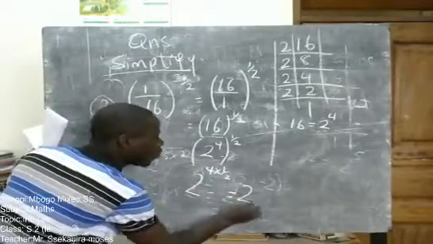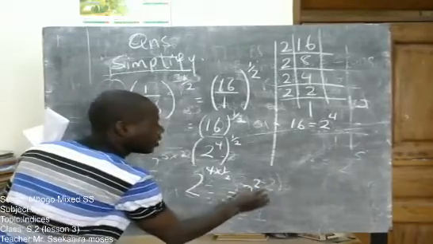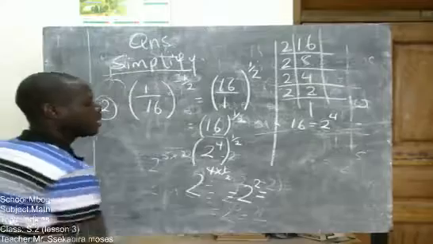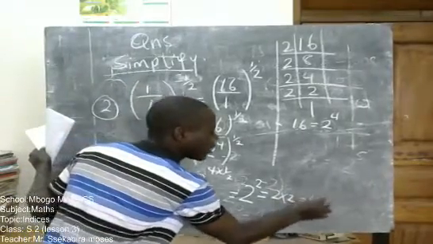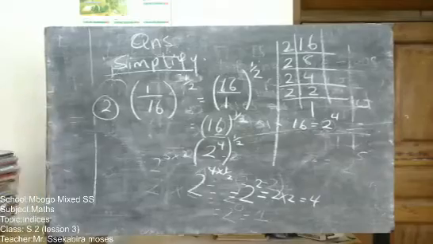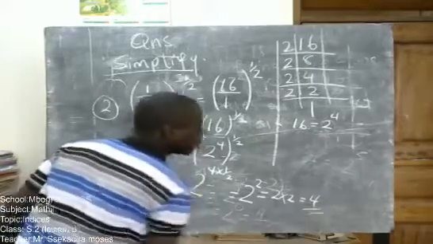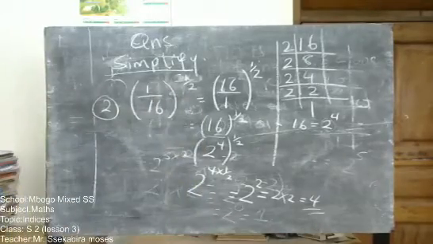So it is 2 to power 2, and 2 to power 2 means 2 times 2, which is equal to 4. And that becomes our answer.